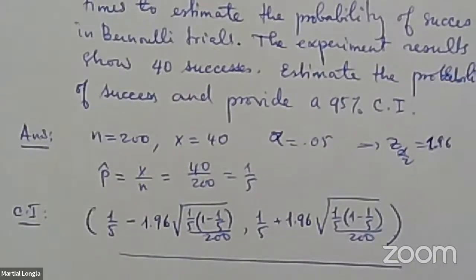And p hat changes from one experiment to another, right? That's why you have a chance that when you are repeating, some of them might not contain, but the theory is guaranteeing that if you do 100, 95 are going to contain the true mean. If you do 1,000, 950 are going to contain.